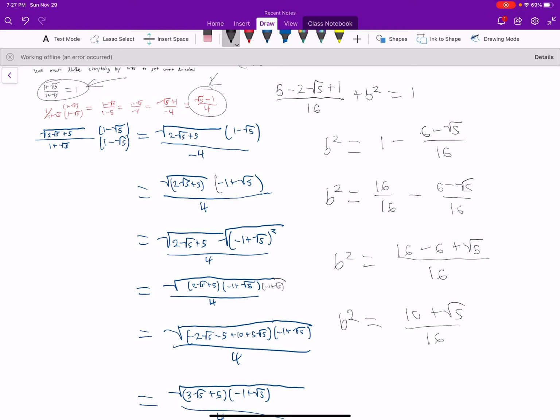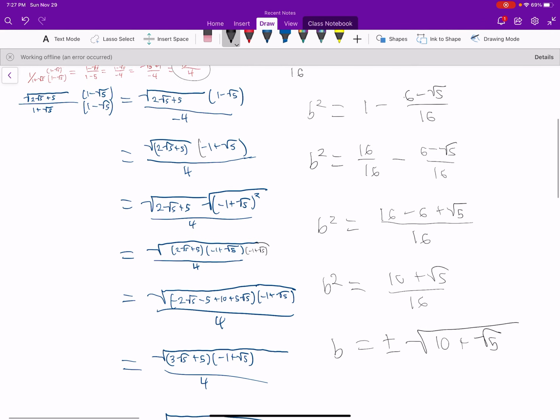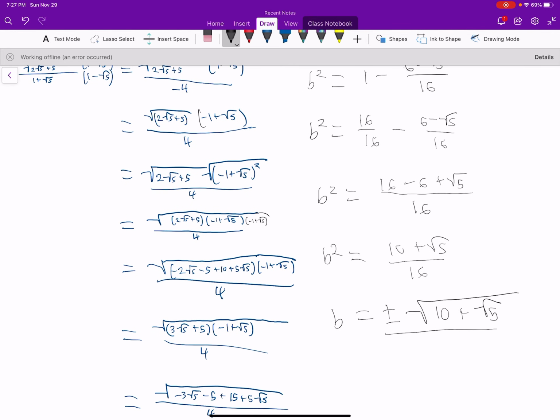Take the square root of both sides. So b, and here we're going to get a plus or minus. So then we get plus or minus the square root of 10 plus 2 root 5, and then the bottom will leave just as 4. But we do know it's the positive version, because this is a length, because it's the length of a piece of a triangle.